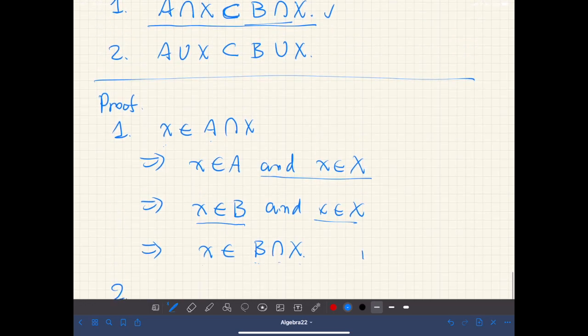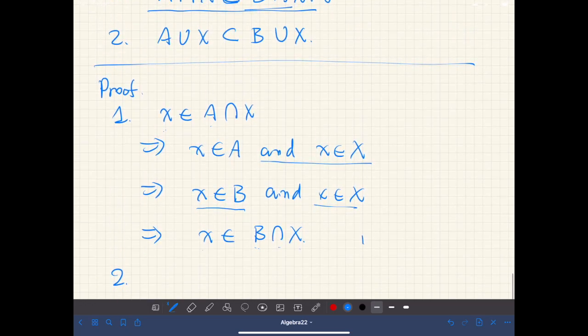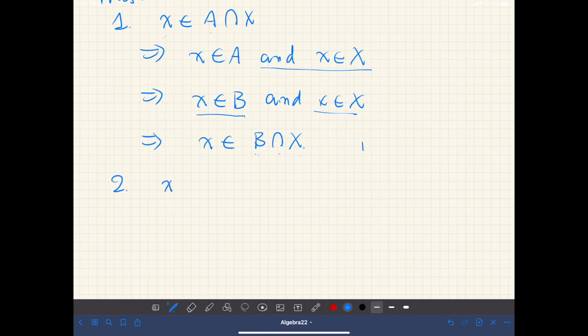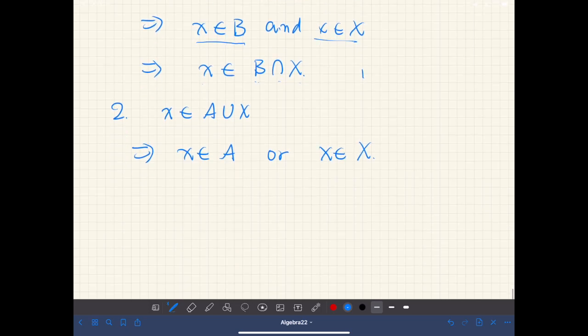And for the second part, suppose x belongs to A cup X. Then this means x belongs to A or x belongs to X. That's the definition of union.